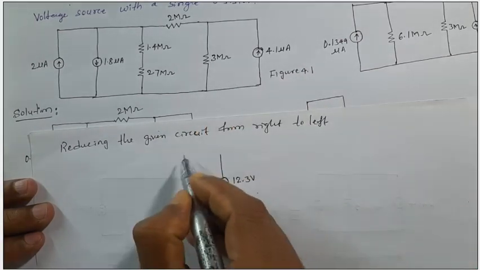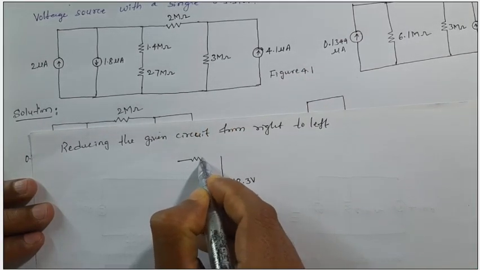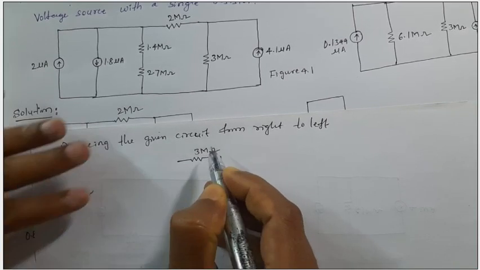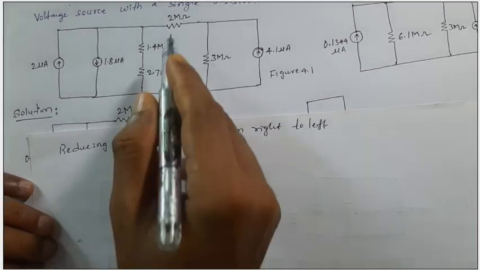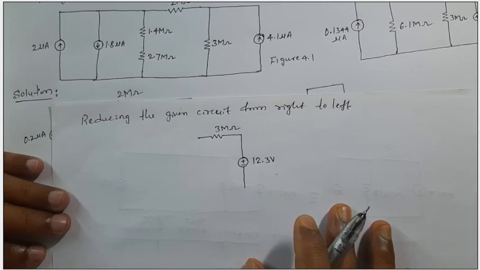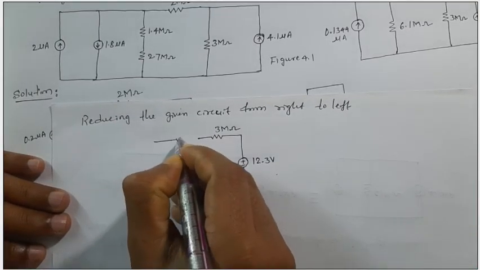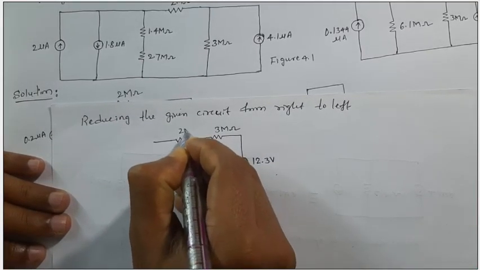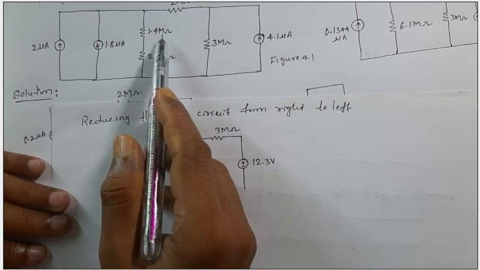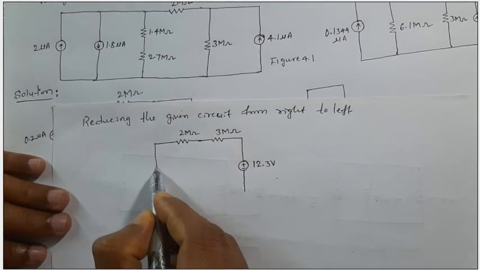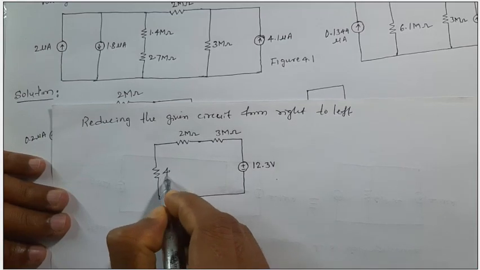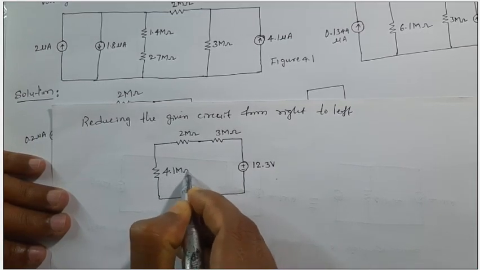And this 3 mega ohm resistor will come in series. Here this is 3 mega ohm. Now this 2 mega ohm will be as it is. This is 2 mega ohm. Okay, and now 1.4 and 2.7 both can be added to form a single resistor of value 4.1 mega ohm.